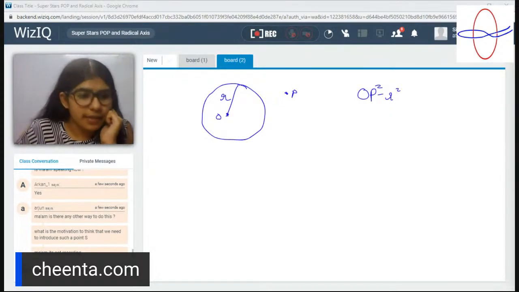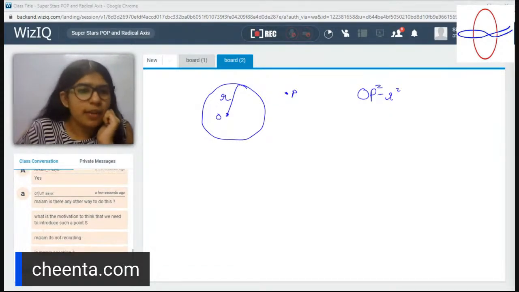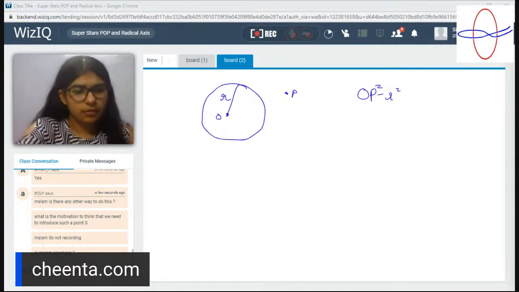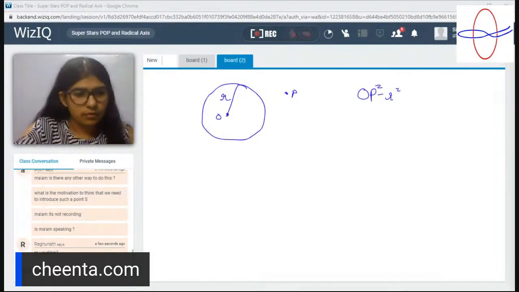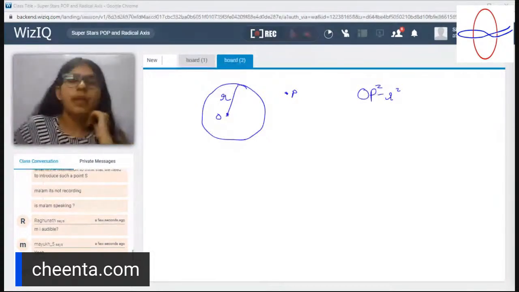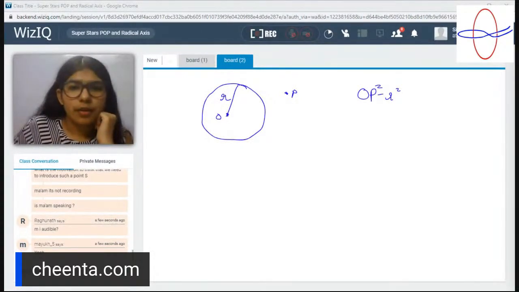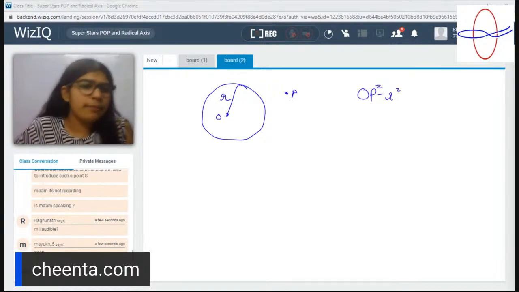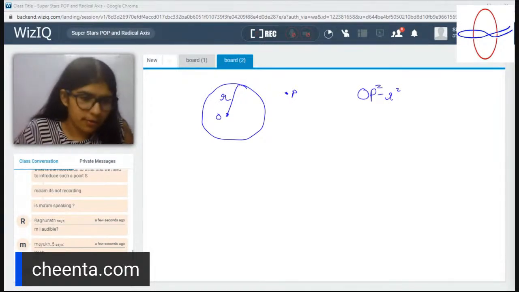If P is inside the circle, it's negative. And if P is on the circle, it's zero, because OP becomes equal to R.